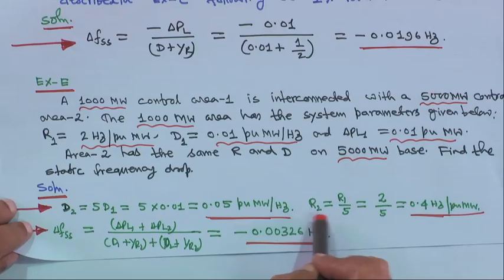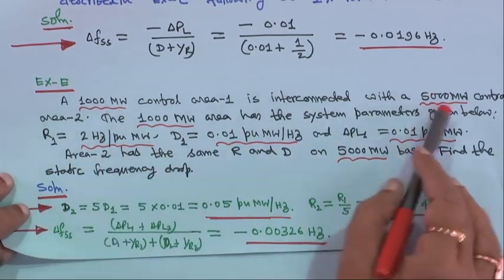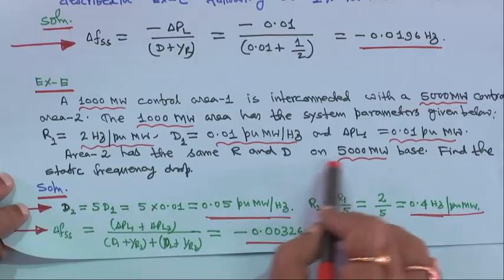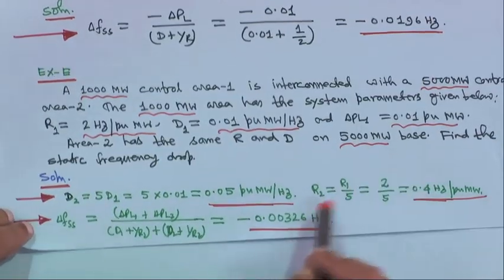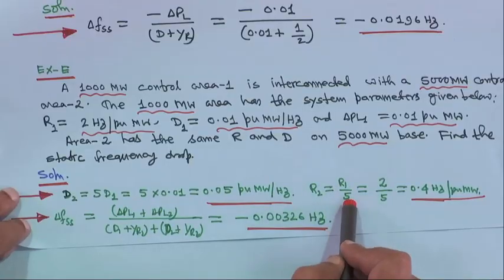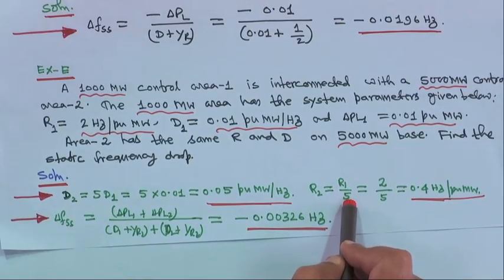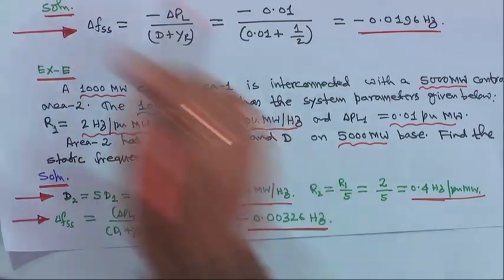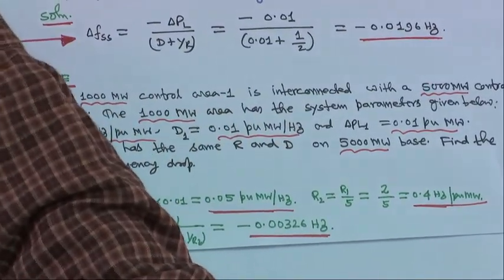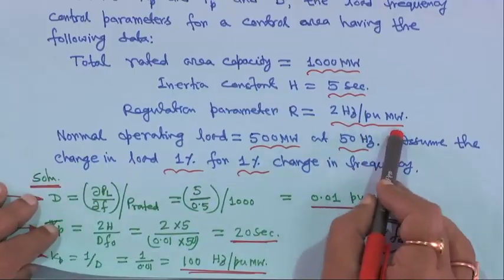And R2 will be just R1 by 5, because area 1 is 1000 megawatt and area 2 is 5000 megawatt, on the same R and D base. If you look at the example C data, R is 2 hertz per unit megawatt.